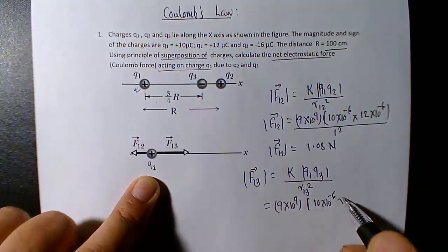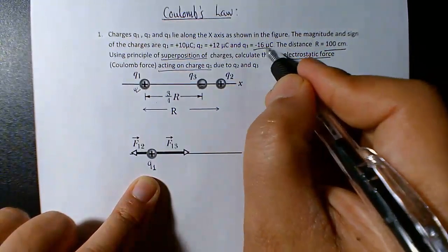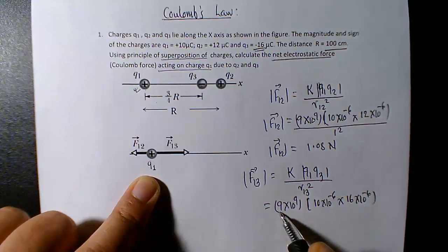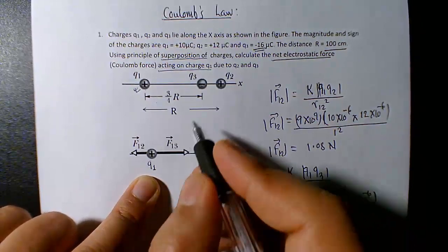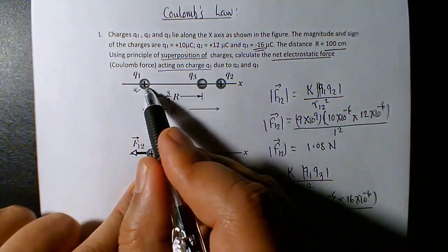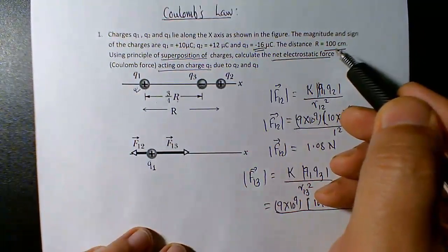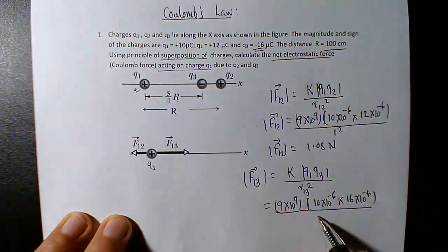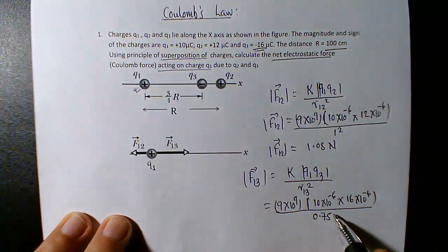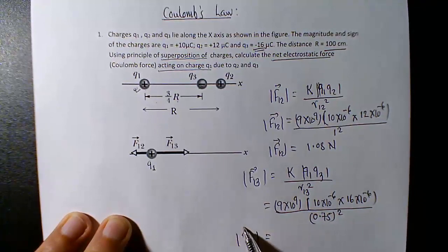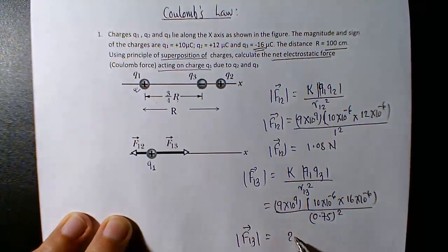The magnitude of Q3, remember, even if it is a negative charge, you just need the magnitude in Coulomb's law. The distance between charges 1 and 3 is 3/4 of R, and R is 1 meter, 100 centimeters, so that means it's 75 centimeters, 0.75 meter. That's your F13 magnitude. If you do that, you get 2.56 newtons.